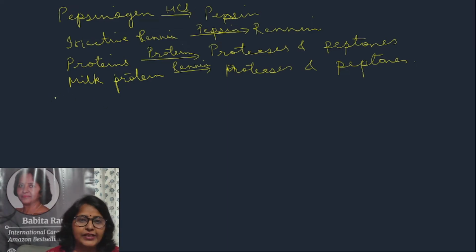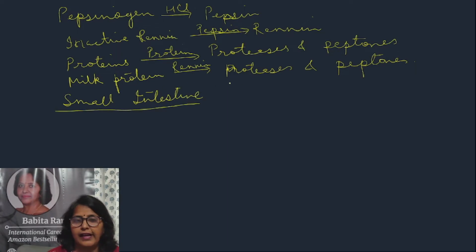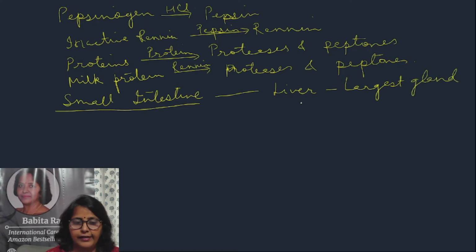Next, from the stomach the food goes into the small intestine. And here, as I have told earlier, they receive secretions from the liver. The liver is the largest gland and it secretes bile juice.